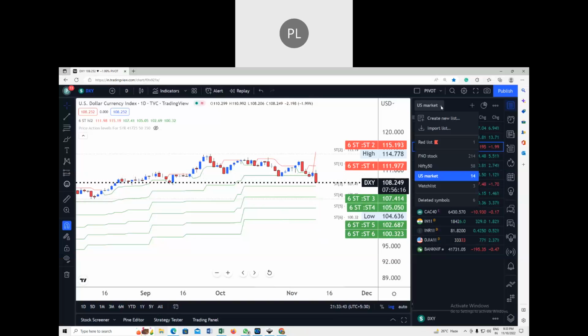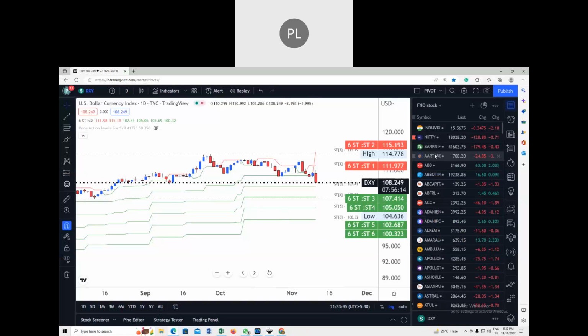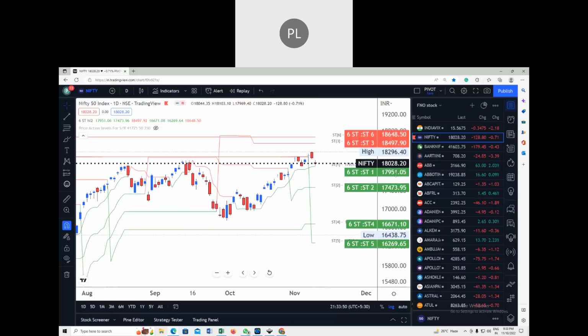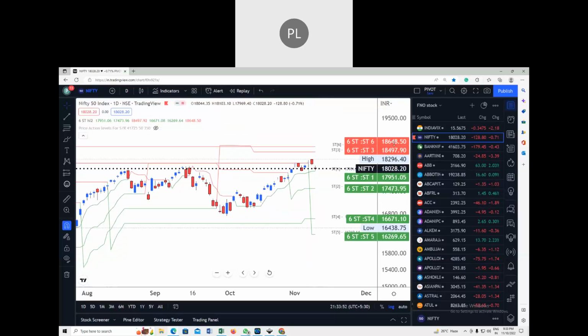Now, if I look at the Nifty and Bank Nifty, you can see here that the Nifty has two resistances and four supports. The resistances are 18648 and 18497, and the support is at 17951. Today, the low made by Nifty is 17,969.